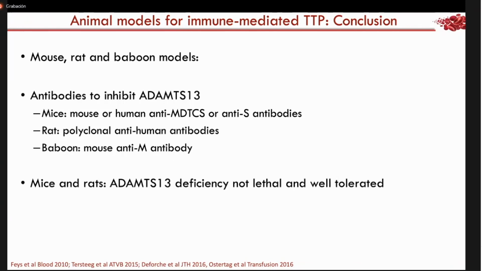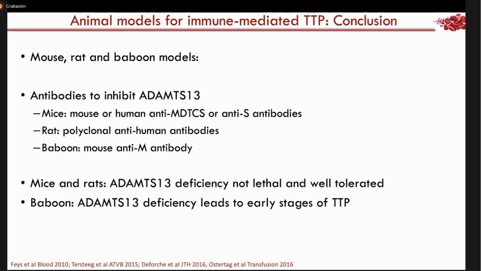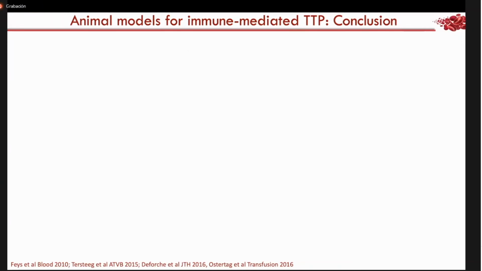In mice and rats, ADAMTS13 deficiency is not lethal and is well tolerated, like in the knockout mouse. But in the baboon, simple ADAMTS13 deficiency leads to the early stages of TTP. So this was actually the proof that ADAMTS13 deficiency indeed is linked to TTP.